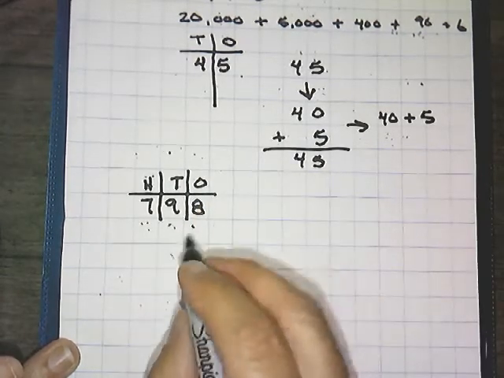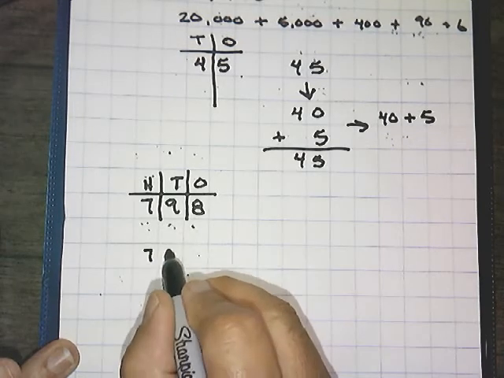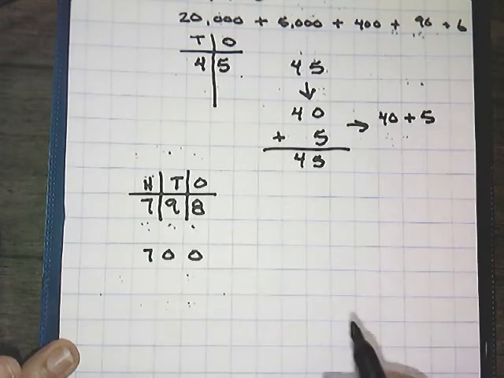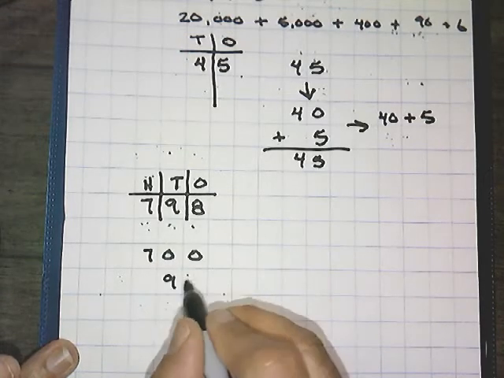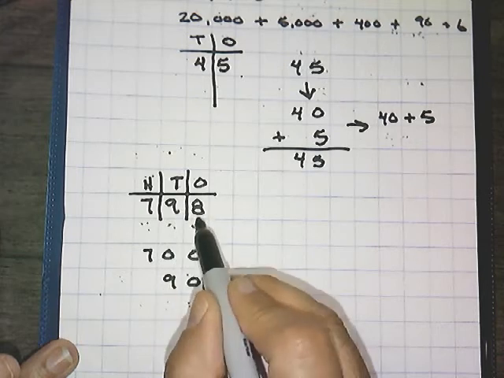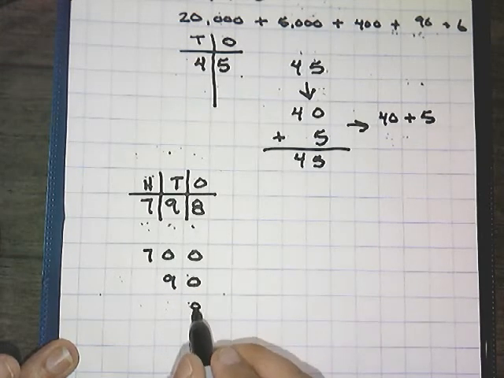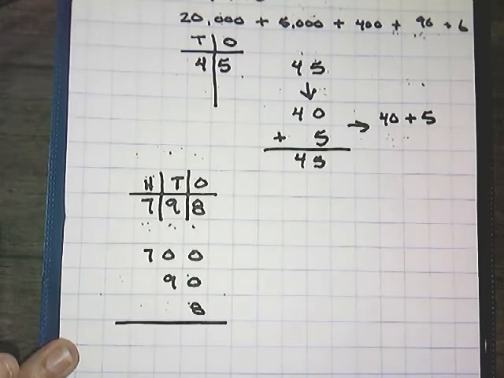And again, I could deconstruct it, break it apart as 700 plus 9 tens plus 8 ones.